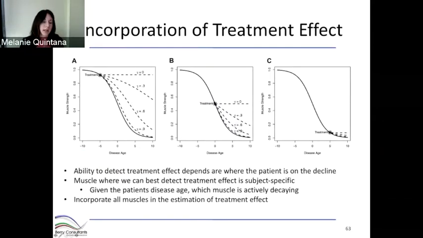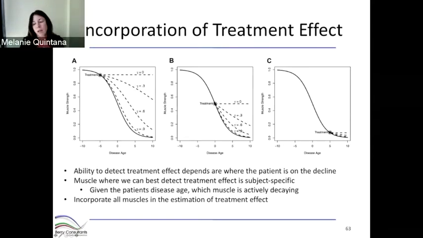And so what this might look like is that if you're expected to progress like this, you're treated at this point, we have what we call gamma. This is essentially 1 minus the percent slowing. So if you're expected under treatment to have a 40% slowing in progression, you would instead look like this dotted line. So big difference then between what you would look like under natural progression versus 40% slowing.